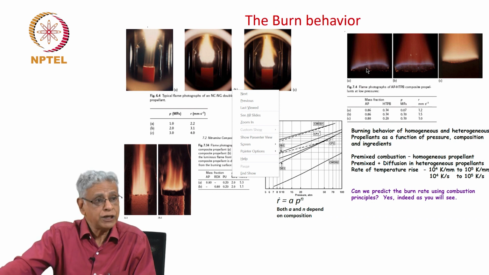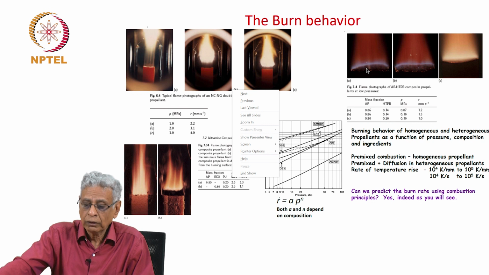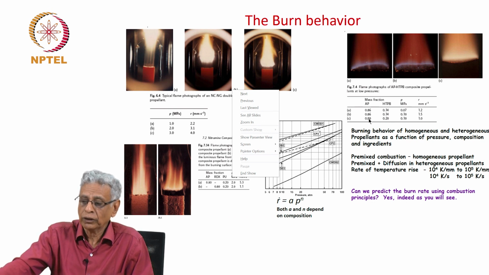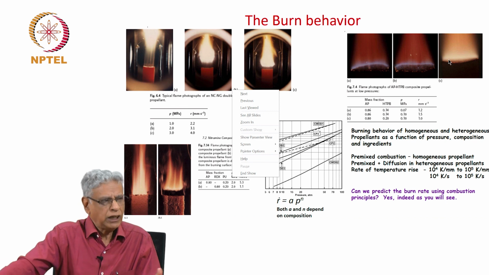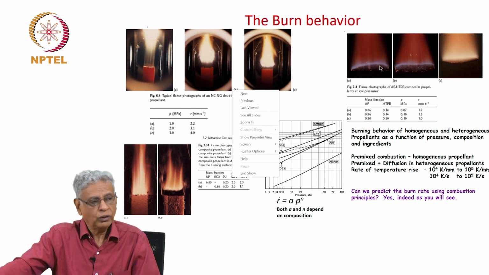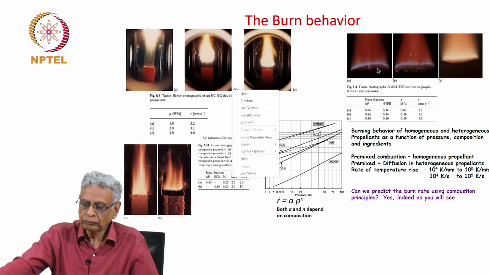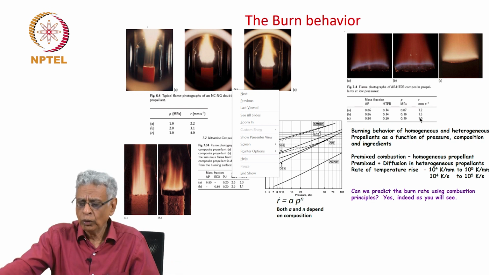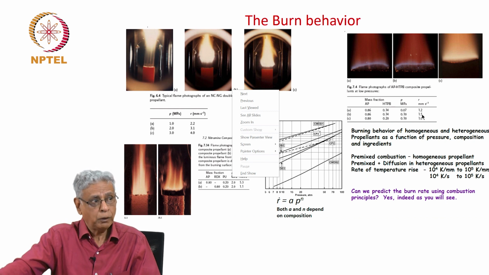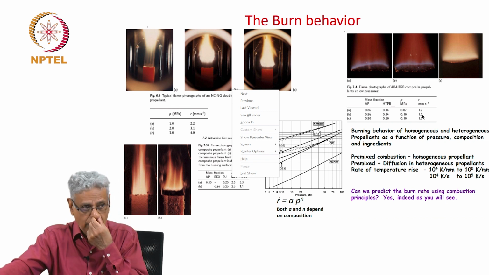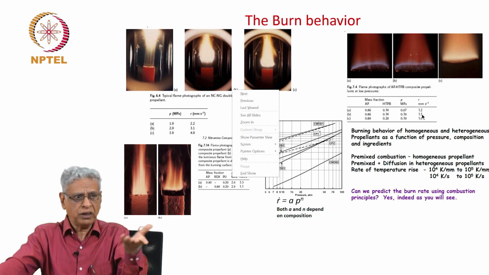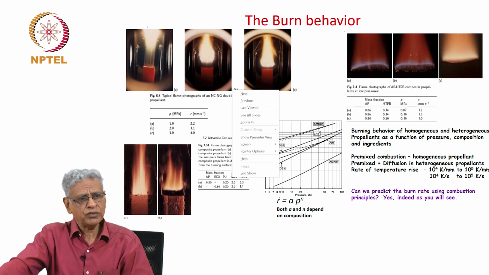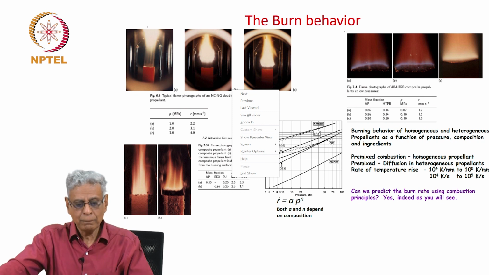This is at 86% solid loading, these two are 86%, this is at 80% solid loading. You see the brighter flame, slightly more fuel rich compared to these two cases. Burn rate is also low at ambient pressure, about 1.2 to 1.5 millimeter per second, the point which I mentioned a little earlier. But only if you go to higher pressures, say 50, 60 atmospheres, you will get burn rates of the order of 8 to 10 millimeter per second.